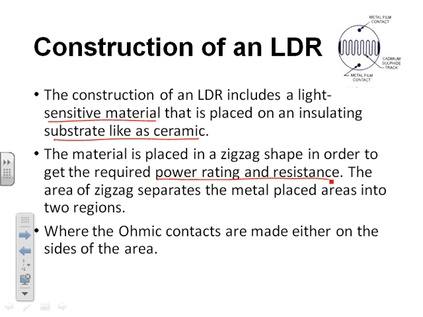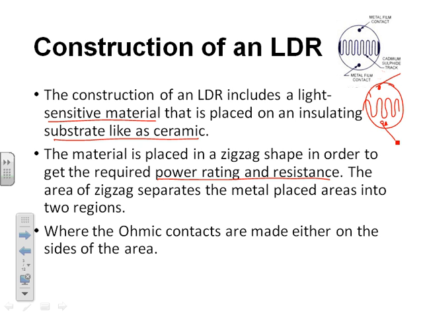If this is a ceramic material, it is coated with the light sensitive material, and this is divided in a zigzag manner. It is divided into two portions, portion 1 and portion 2, and two ohmic contacts, that is two conducting wires, are taken from here as in the figure.